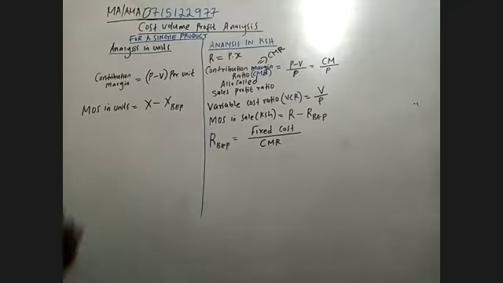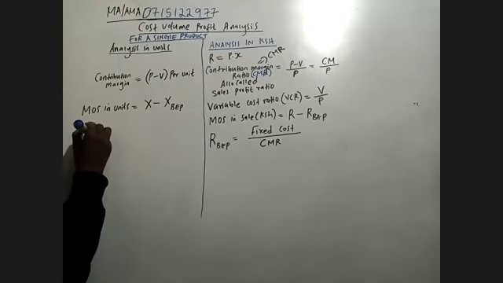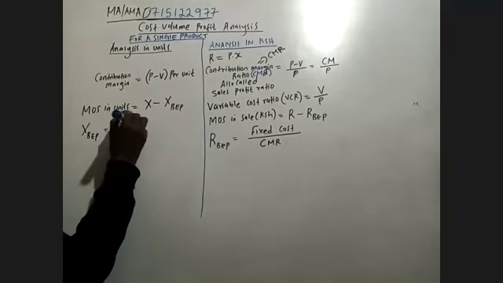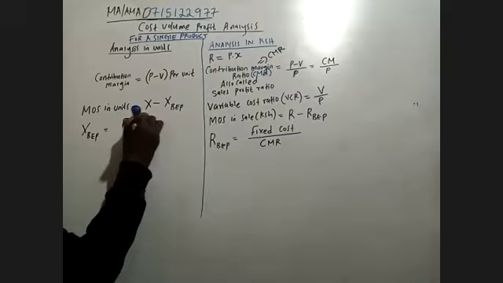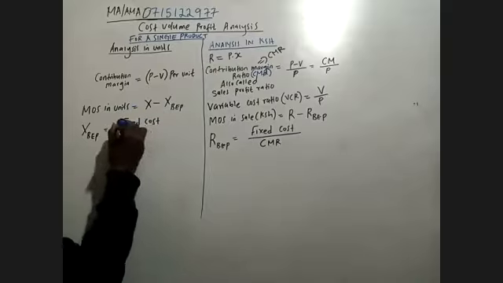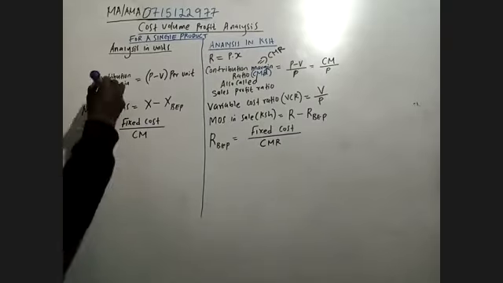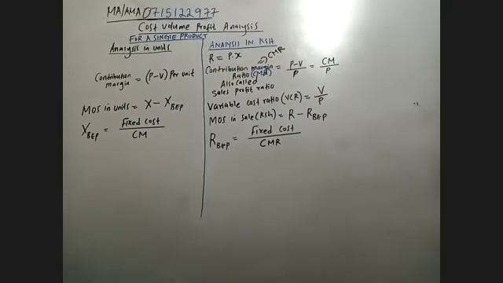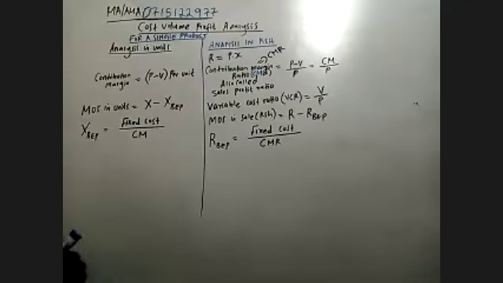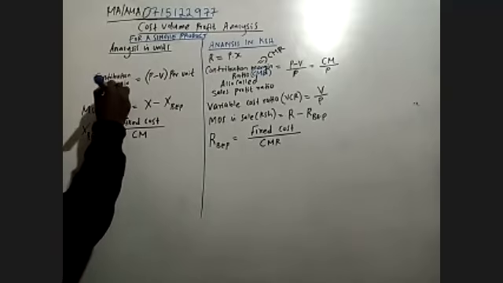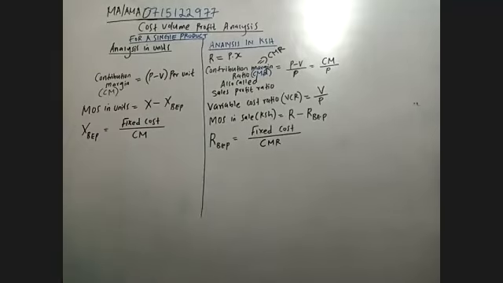Then X BEP ni break-even point in units. How do you get it? The fixed cost, you divide it with contribution margin, CM. That one is in units.